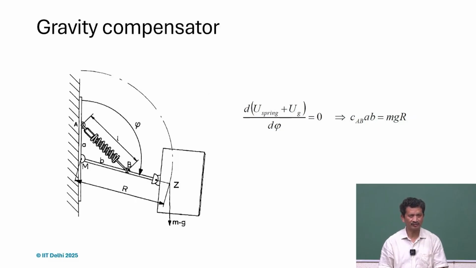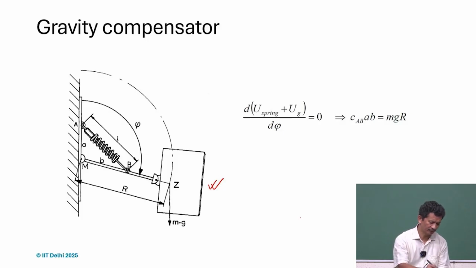For instance, in this case, we have a mass here, and it has to be suspended, and a mechanism has to be designed to take care of the gravity. So whether we can place it in any location without using any kind of force or actuation, whether we can use a spring for that.